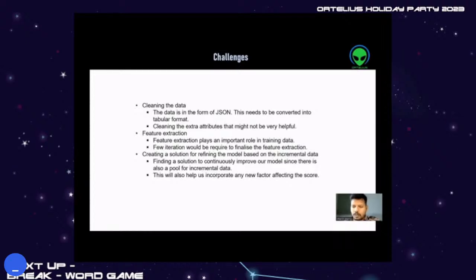And the second step would be removing those extra attributes that might not be helpful in training the models. So a lot of effort would be required to change the format from JSON to tabular form so that we can use the tabular form to train our models.